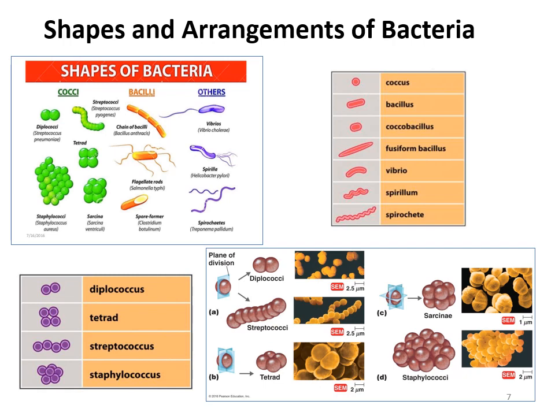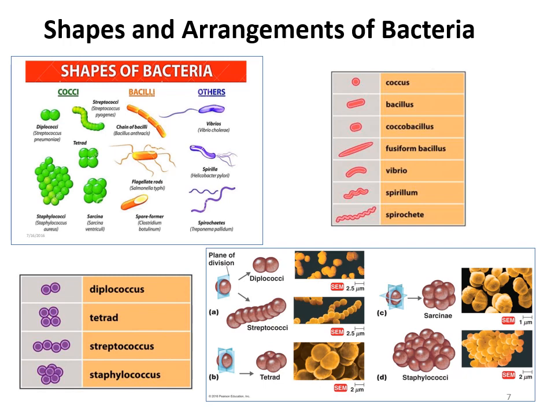The three main shapes that we always refer to are coccus, which is round bacteria, bacillus, which tells you it is rod-shaped, and spiralia, which is spiral-shaped. Okay, so make sure you know coccus, bacillus, and spiralia.